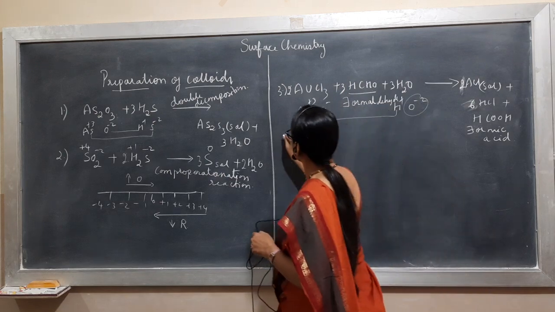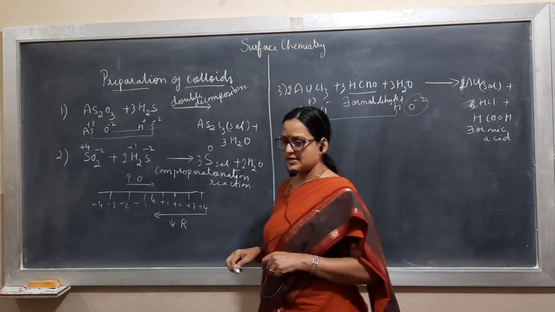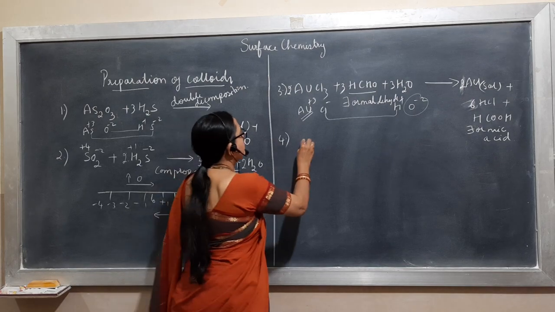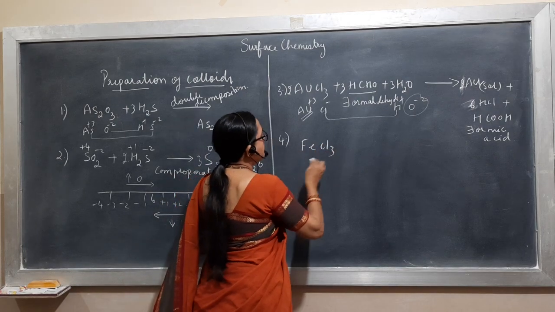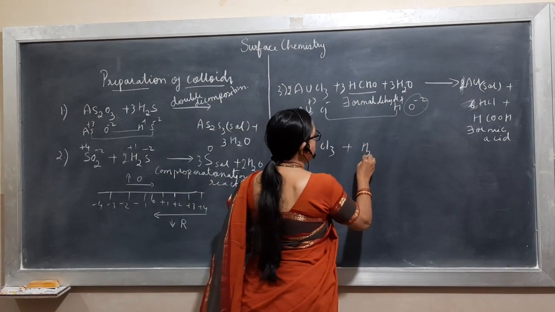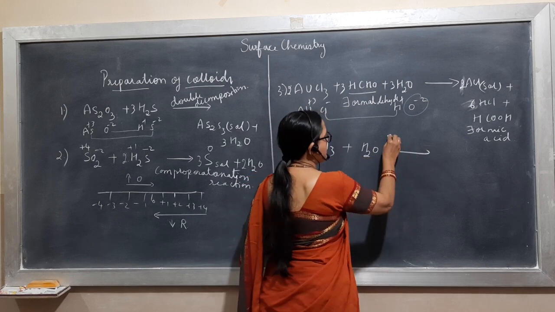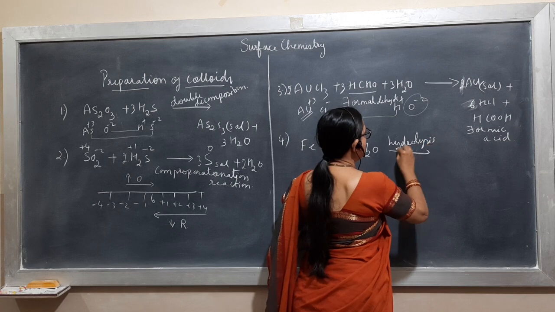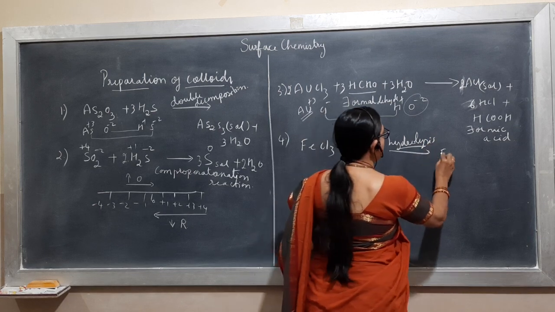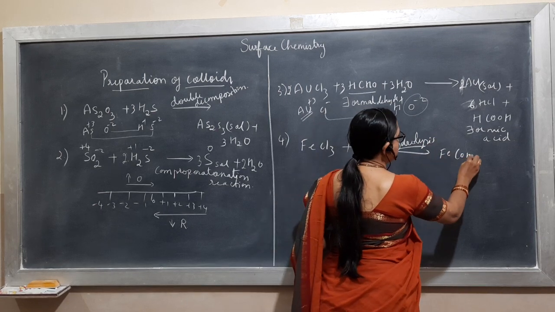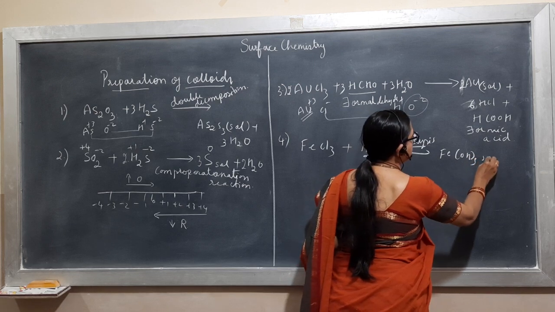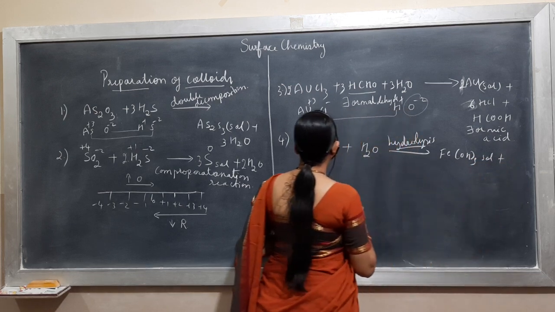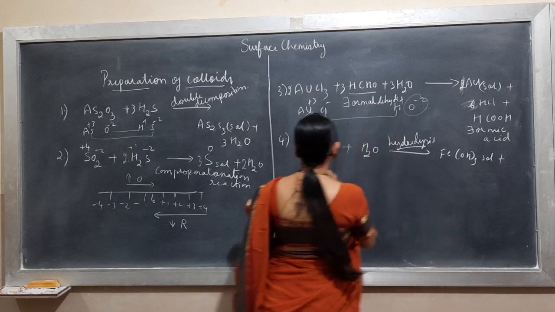One more example is given in NCERT. It is ferric chloride. When ferric chloride is treated with water, it undergoes hydrolysis to form the sol of ferric hydroxide. And then what happens here?